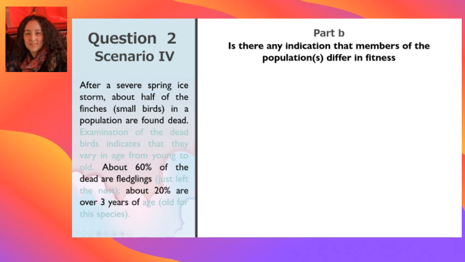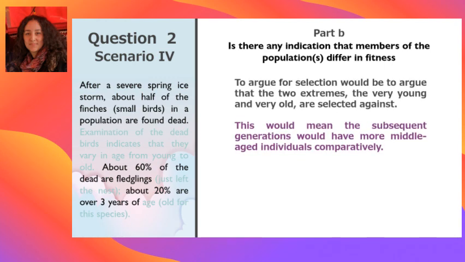Okay, is there any indication that members of this population differ in fitness? This kind of goes more with what I was mentioning a moment ago. So to argue for selection would be to argue that the two extremes, the very young and the very old, are being selected against.